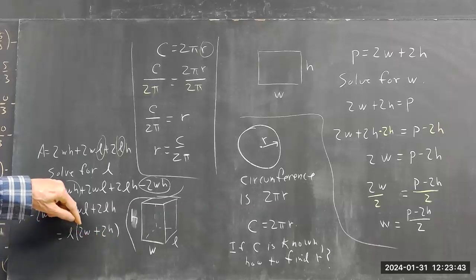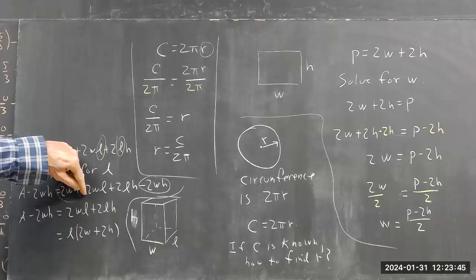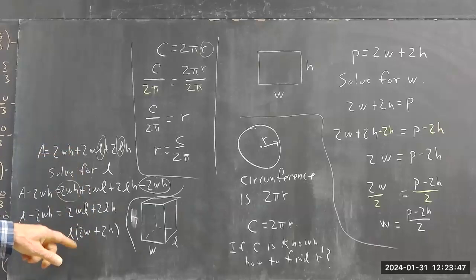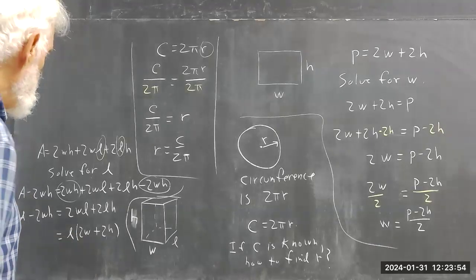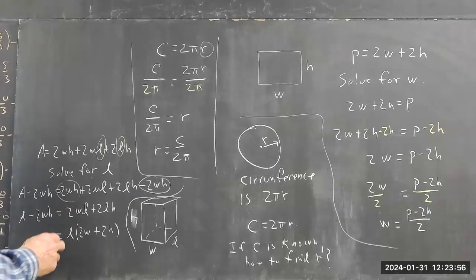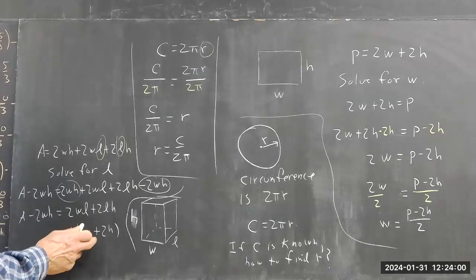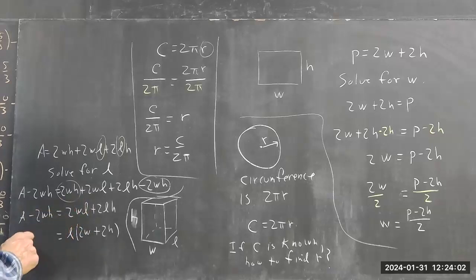When the L is multiplied by both terms, I get back to what I had here. This is called factoring, and you'll probably see it when we get to the section on formulas. But it's a pretty simple factoring. It's just the distributive law. By the distributive law, this has to equal this, and I haven't changed this side.